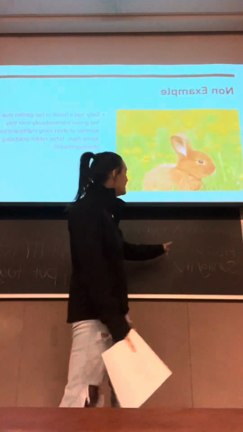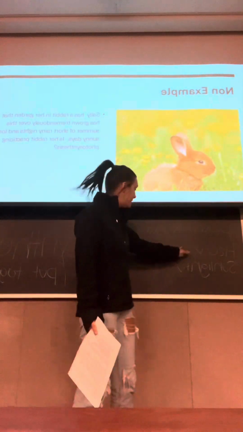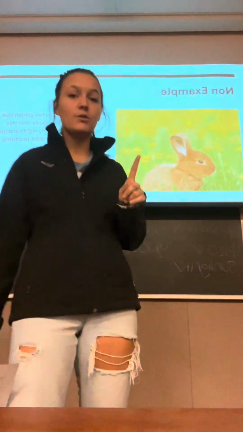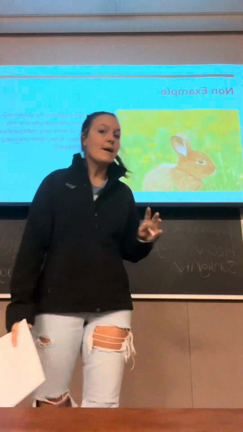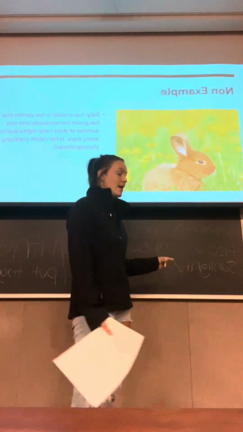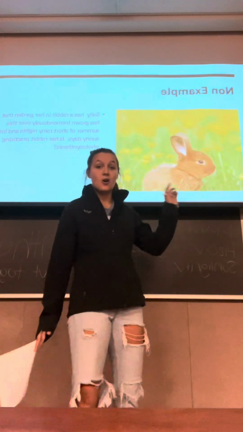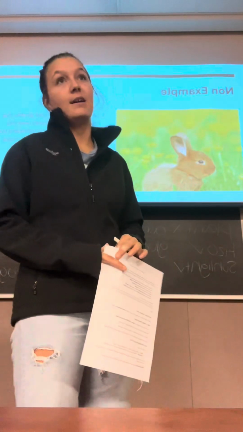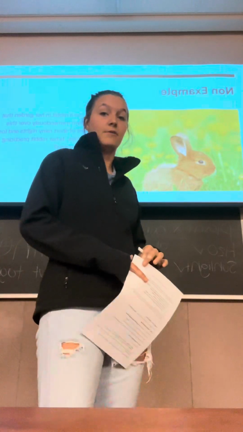So if even one of those things is not happening, that means that we don't have photosynthesis happening. So in this case, it's a non-example. Photosynthesis can't be happening without the organism being a plant.